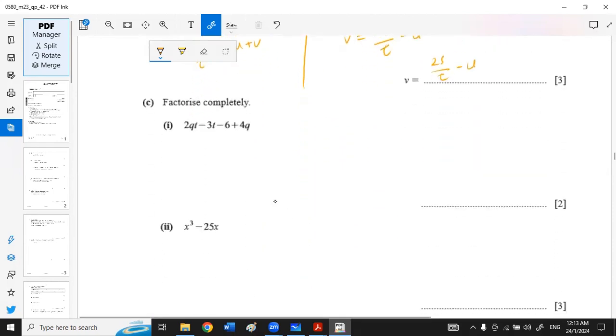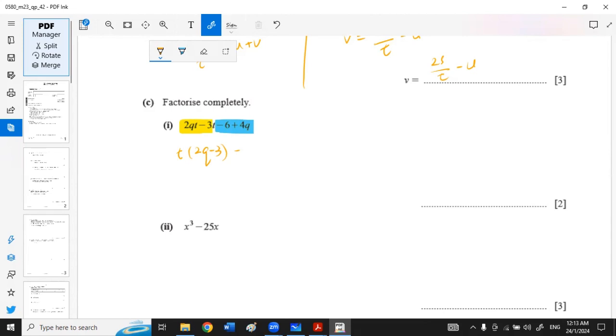F, okay, C, factorize completely. 4 terms, therefore it will be 2 by 2, factorize this, and then this.